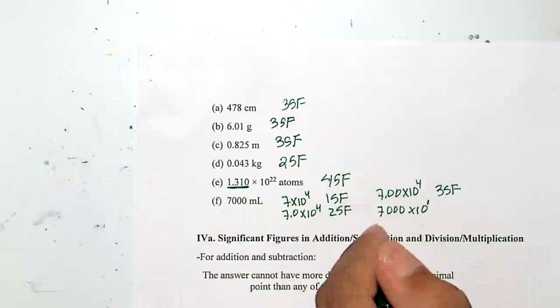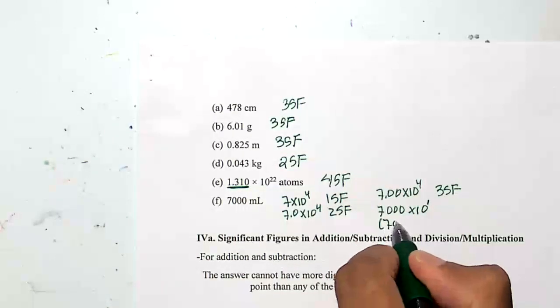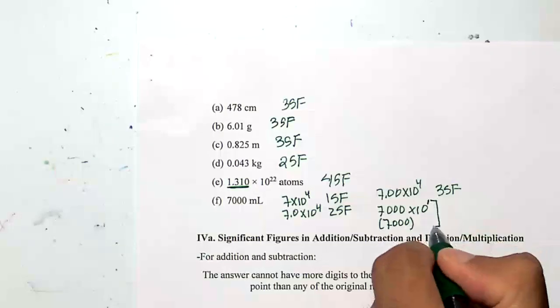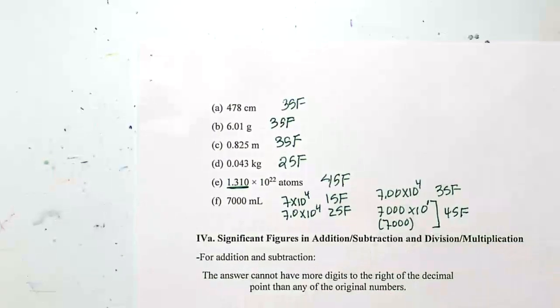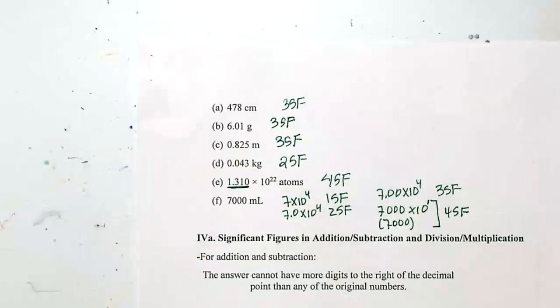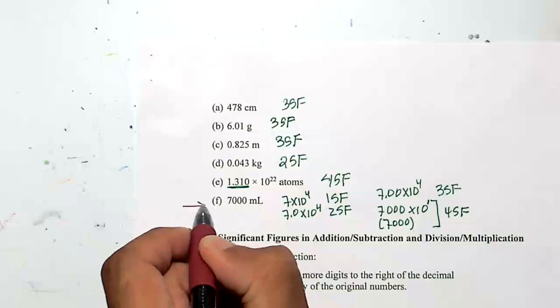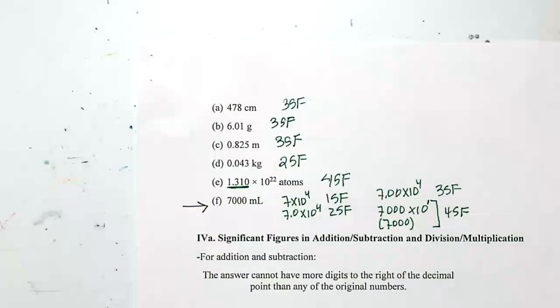I can do 10 to the power of 1, I guess, or 7,000. So that would be ambiguous. I will not ask you this on the exam, but I think it's my responsibility to let the other majors know this is what happens if you have a whole number like this.